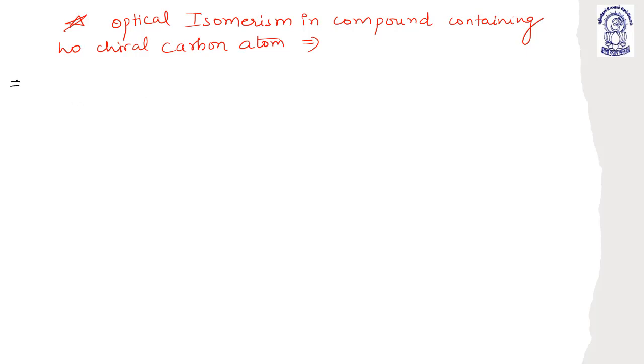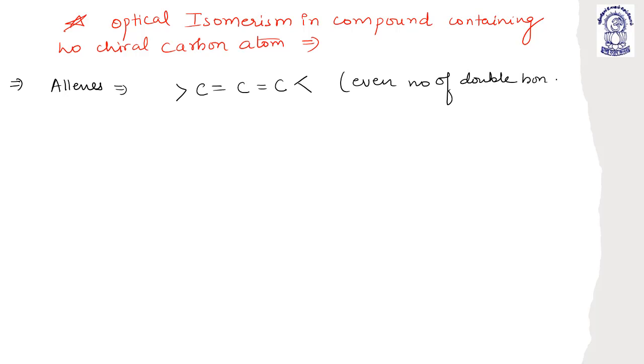For example, first we are talking about allenes, like C=C=C. This is the general formula. They basically have an even number of double bonds exhibiting optical isomerism.